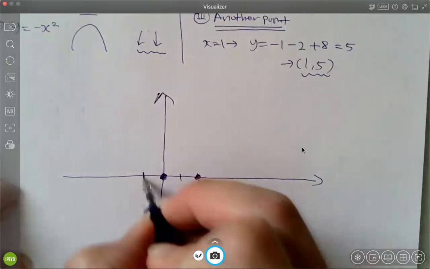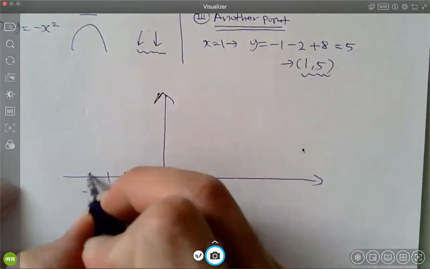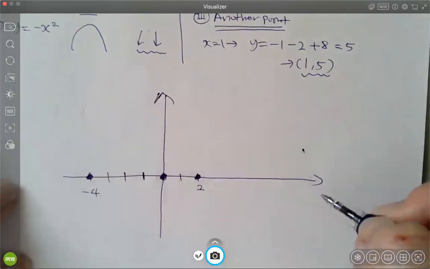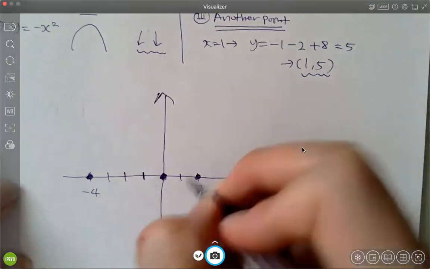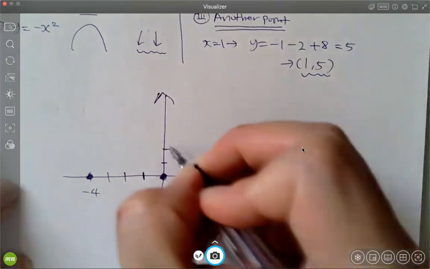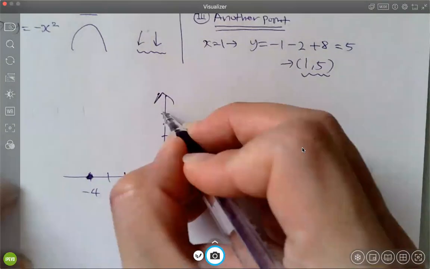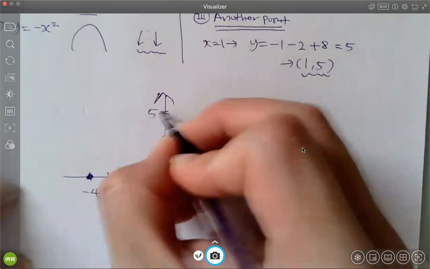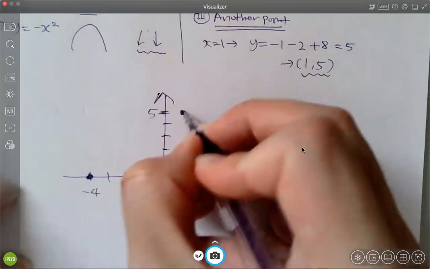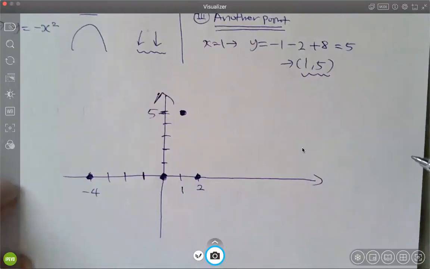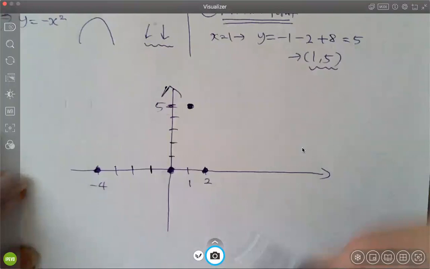And it also passes through (1, 5). So that point. And now the end behavior was down, down, right? Which is this.